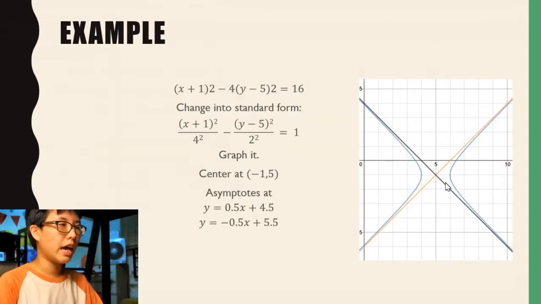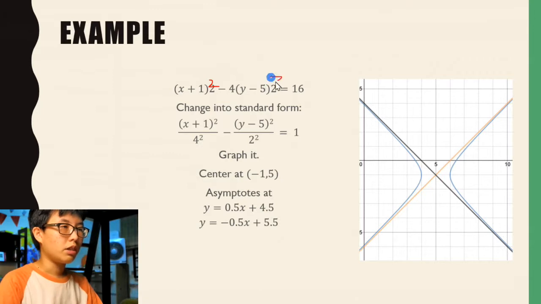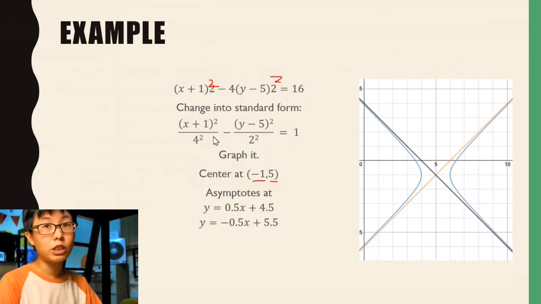Okay, so here's what we're going to do. So if we see x plus 1 squared, sorry, it's supposed to be a square, not a 2. Okay, so first thing you do, change it into standard form, and then you can graph it. And from here, you can already see that your center is at -1 and 5. So if you see x plus 1 squared, it's actually minus -1. So this is something you gotta take note of.